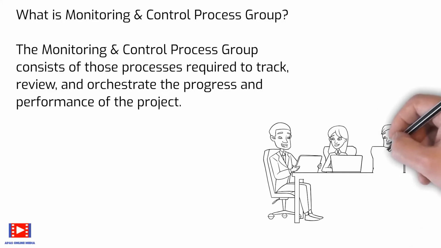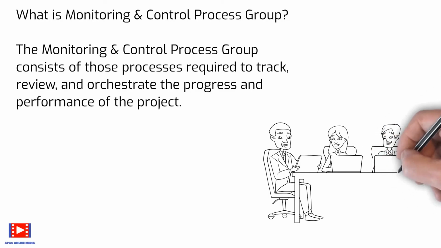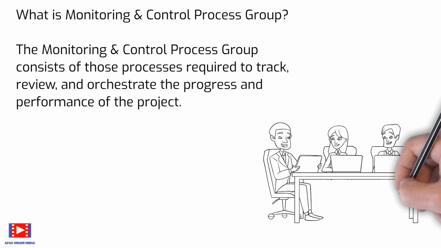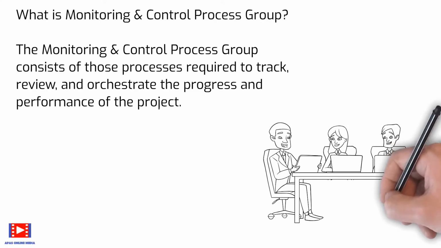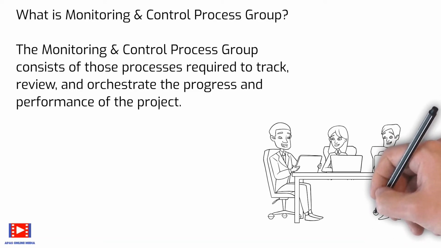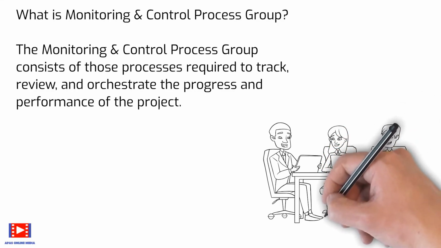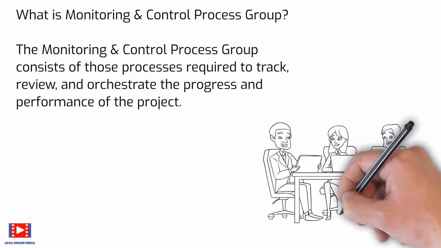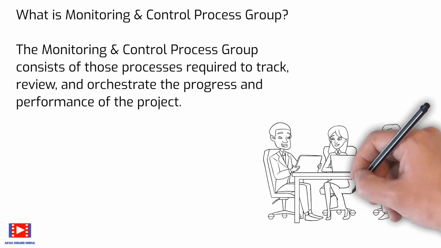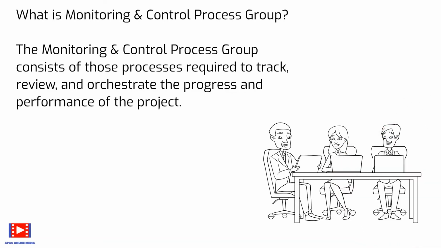The monitoring and controlling process group also involves controlling changes and recommending corrective or preventive action in anticipation of possible problems. It monitors the ongoing project activities against the project management plan and the project performance measurement baselines, and also influences the factors that could circumvent integrated change control or configuration management, so only approved changes are implemented.